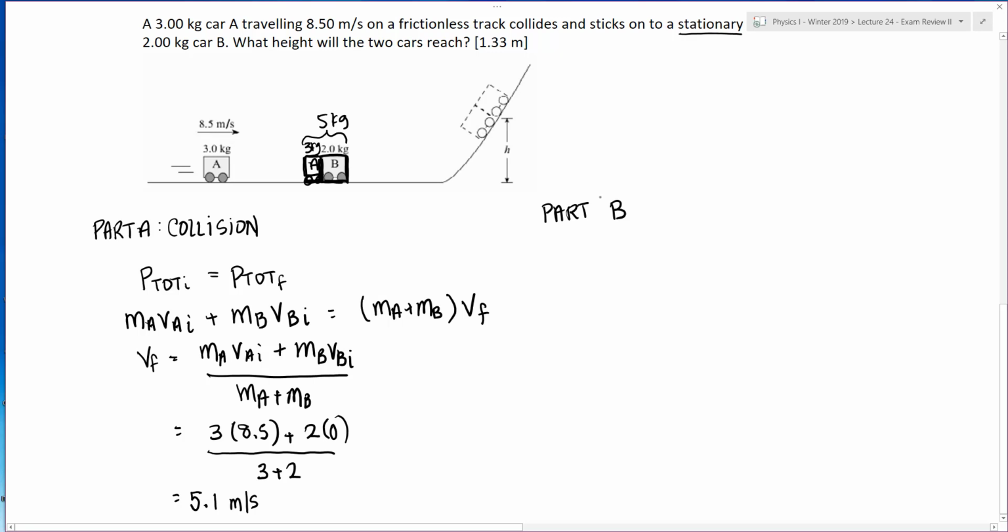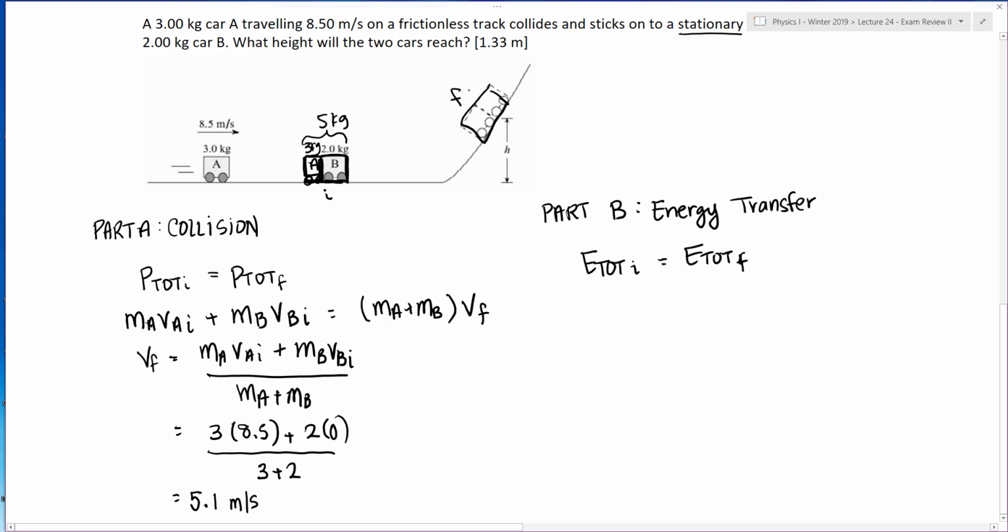then is this 5 kilogram mass that is sliding up the ramp. So we're going to call that energy transfer. We'll say that the total energy initial is equal to the total energy final. By initial, I mean right here when they're stuck together, and final is when they've reached their maximum height.